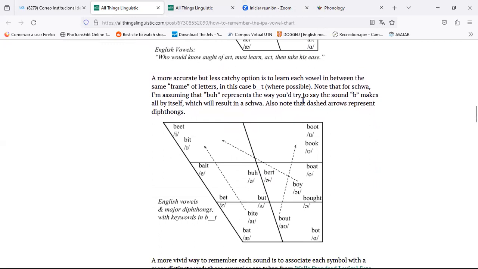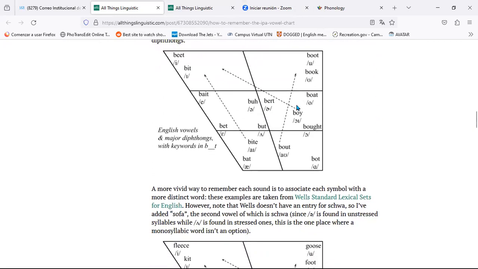Now, besides these, we have the diphthongs, which are these. These are diphthongs because from one vowel to the other, they move a lot in the chart. They're not in the same place. So one of the diphthongs is I, because it goes from A, which is around here, to E, which is around here.